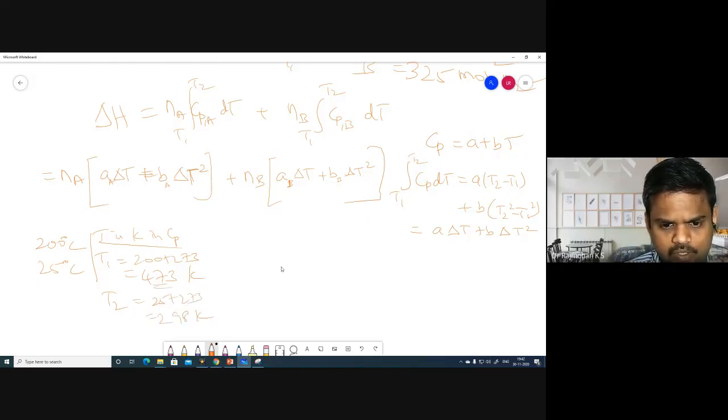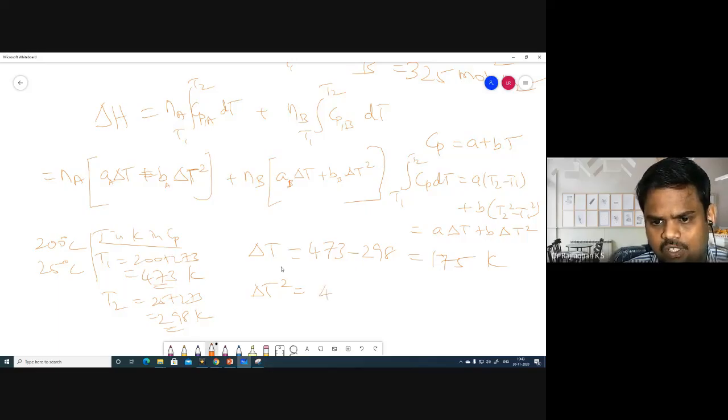So we have T1, T2. Let us determine delta T first. Delta T is 473 minus 298, we will get 175 Kelvin.